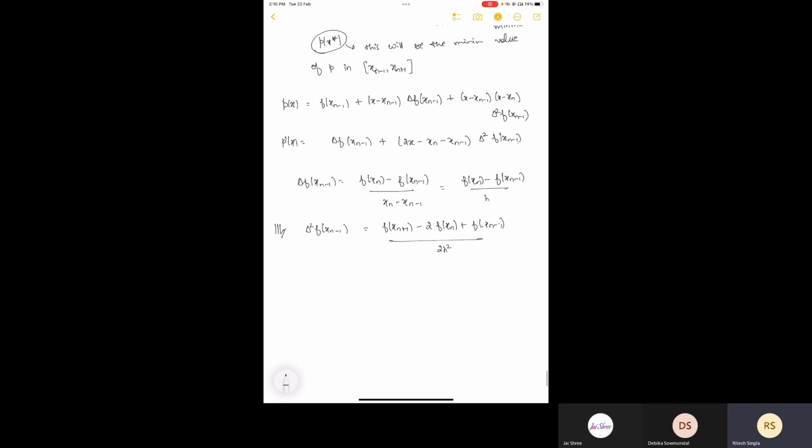Are we good till here? Yes, sir. This is the notation we use in Newton's interpolation.